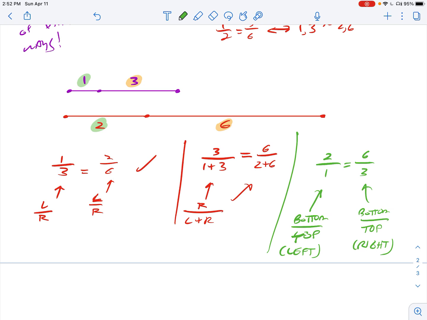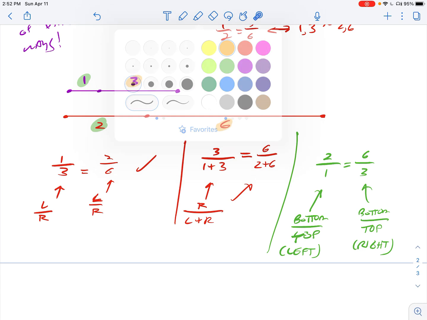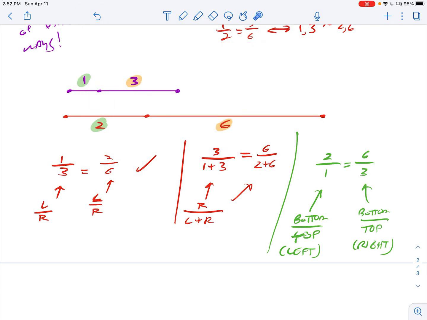So when you have proportionality, there are a lot of different possibilities for which fractions are equal. You just need to match them consistently. Hopefully you have a picture in mind where there's a logical way of understanding which things match which things. In this example, does the one match the two in some logical way?